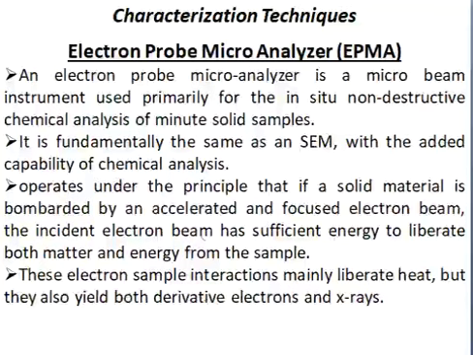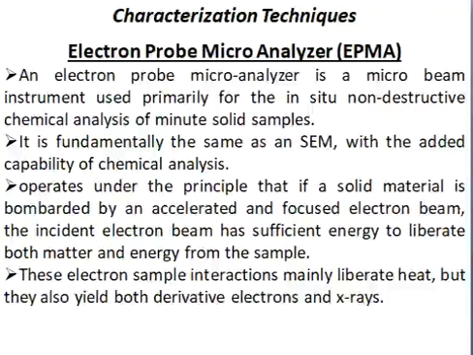This kind of process is basically used for determination of the contents of a particular component or specimen. So an electron probe microanalyzer is a microbeam instrument used primarily for in situ non-destructive chemical analysis. So any kind of component, if chemical composition is to be determined, this can be used. It is fundamentally the same as SEM with added capabilities of chemical analysis.